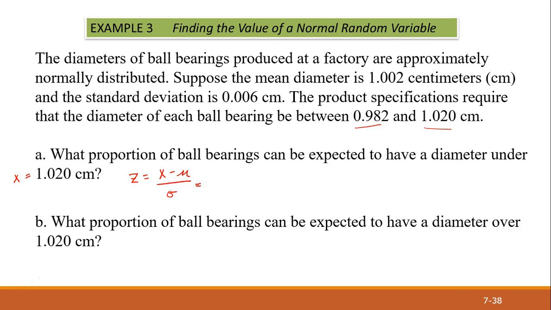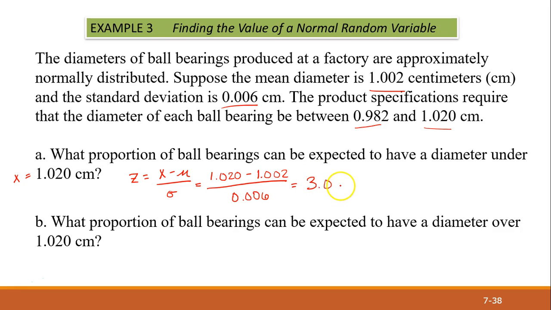So we plug in 1.020 minus our mean, which is up here, and our standard deviation here. And do that calculation, and when we do, we get 3.0.